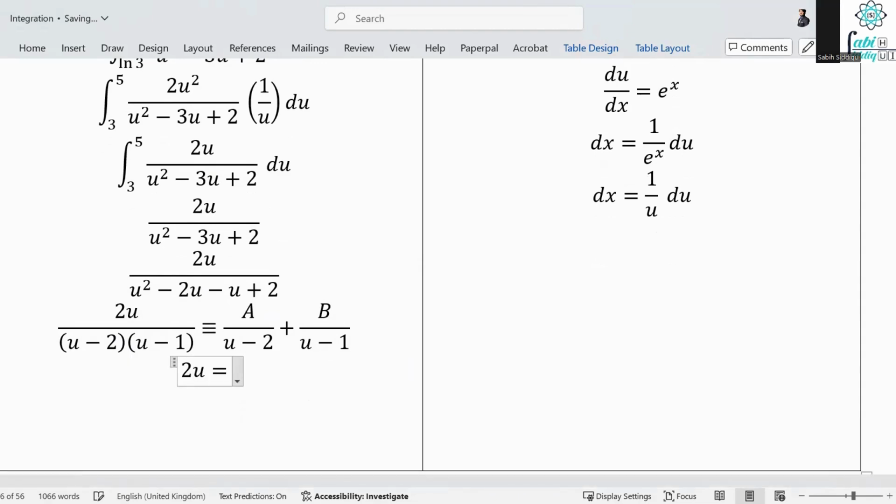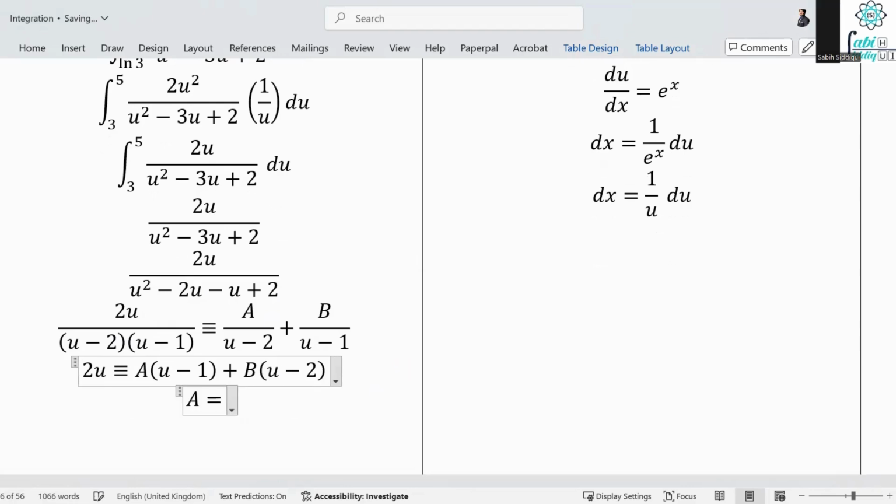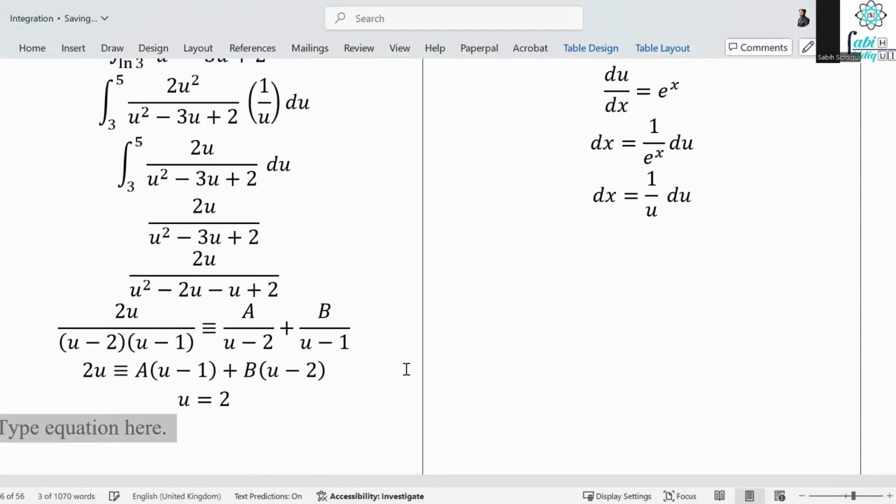2u equals a into u minus 1 plus b into u minus 2. What are the values of a and b that you end up with? First, if I plug in u as 2, I get 4, so a is 4.